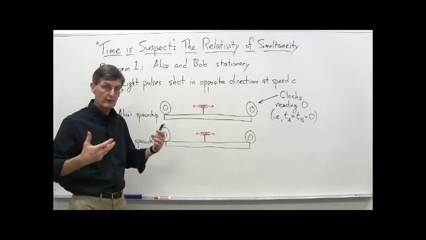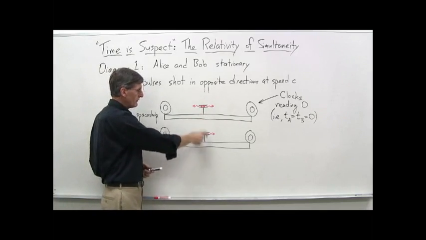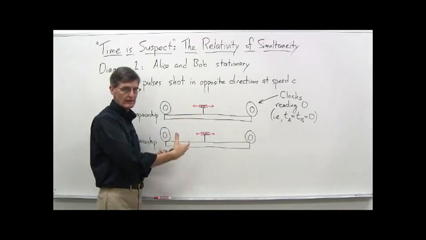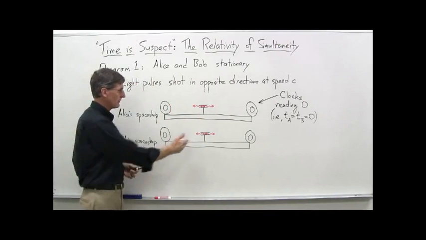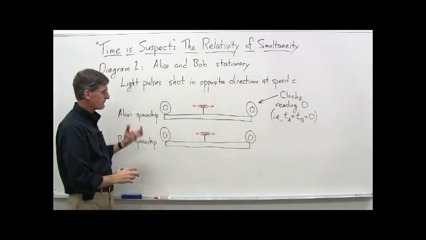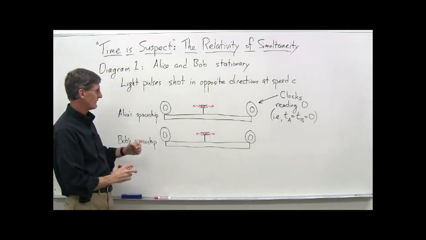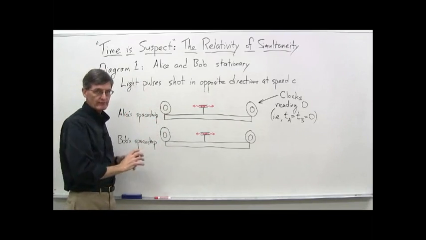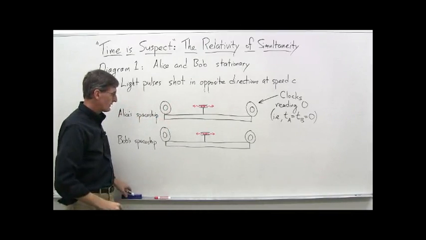And of course, we could verify that if we had a photographic clock right here in between them, such that they could take a picture and verify that, yes, they did go off at exactly the same instant in time because they're at the same location in space there. And we just have to put a clock there that would indicate if they were shot exactly at the same time. So they're shot off. What happens next? So this is the first part of diagram 1.